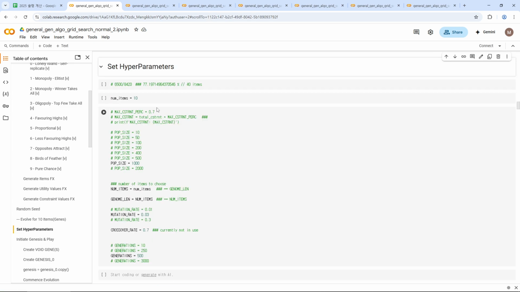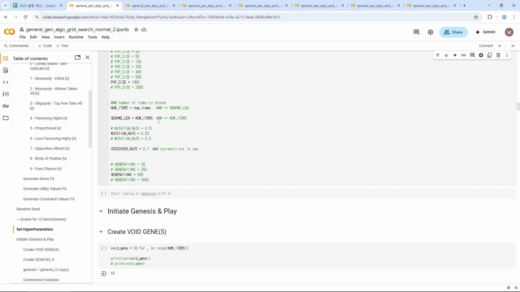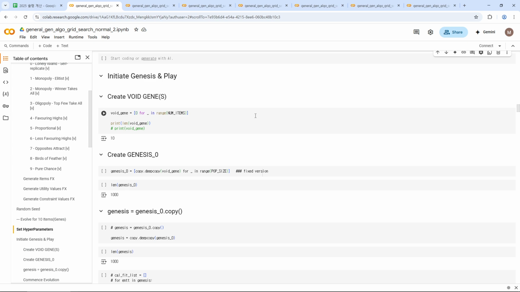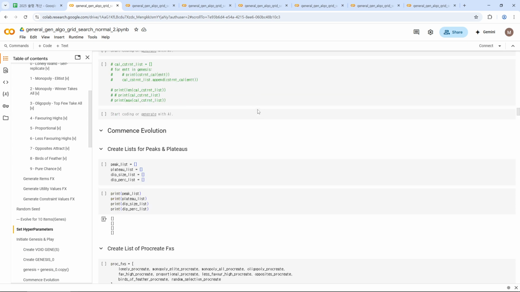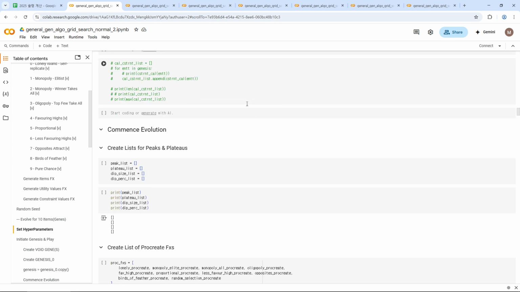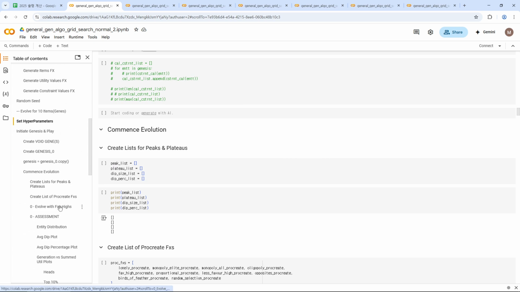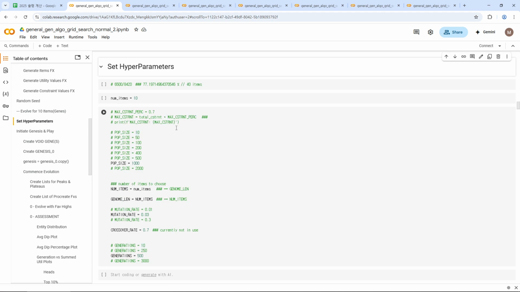So hyperparameters again: number of items 10, which means the length of the genome or the entity. Apart from that, nothing has actually been changed.